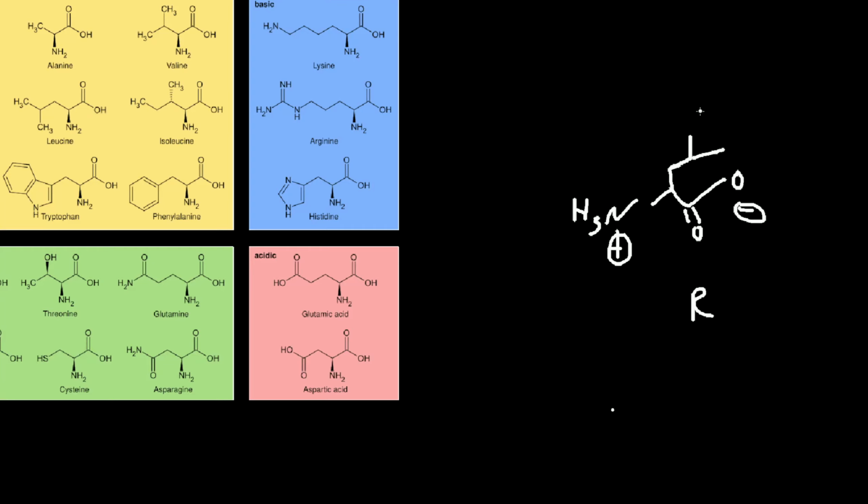The structure doesn't really make an L shape. Maybe if you really stretch the imagination, it kind of looks like an L. I think it's a bit of a stretch. But that's leucine. That's another non-polar amino acid, just like valine, and it has almost the same structure, just one more carbon.